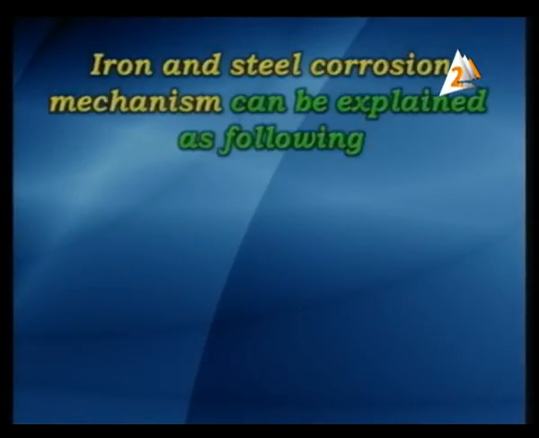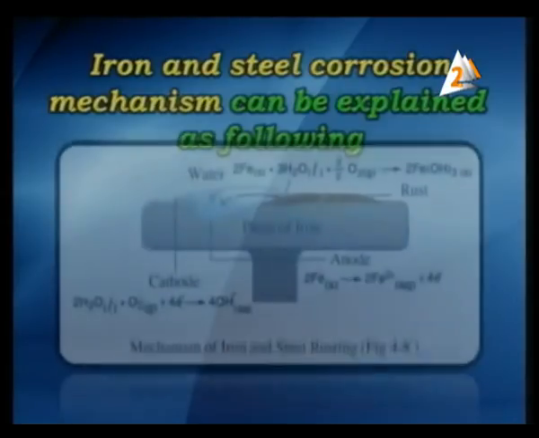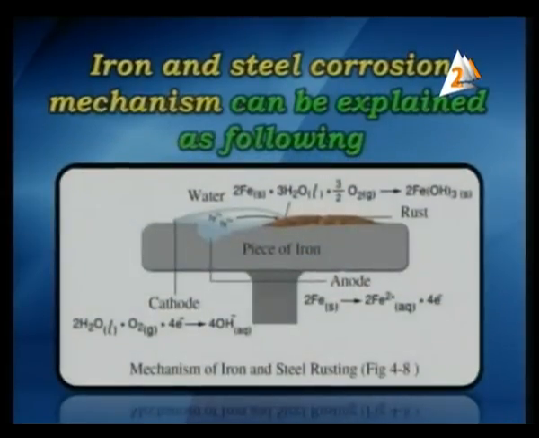Iron and steel corrosion mechanism can be explained as follows. Here we have a piece of iron, and we have rust on this piece. Why? Because there is some water on the surface of this piece of iron.